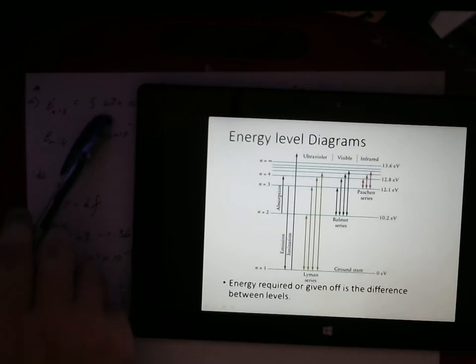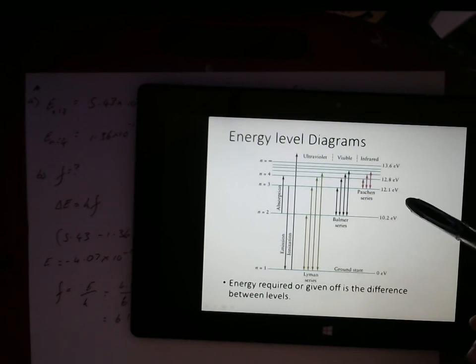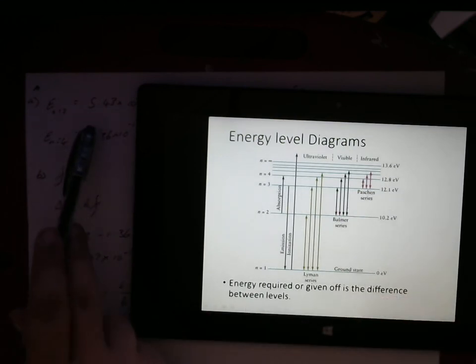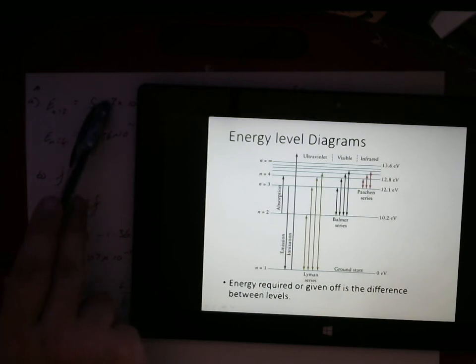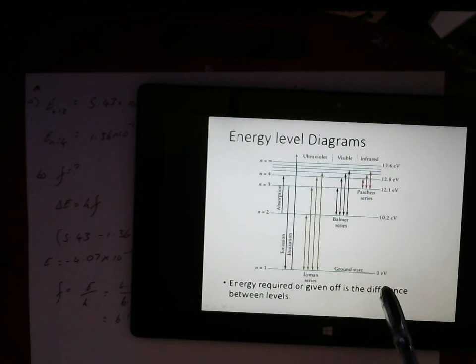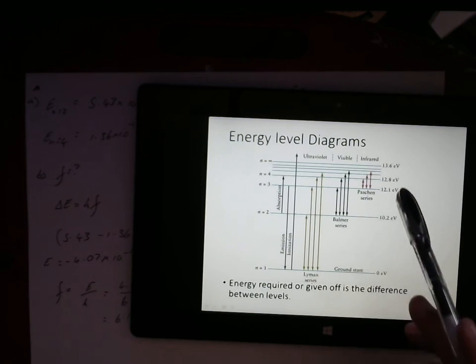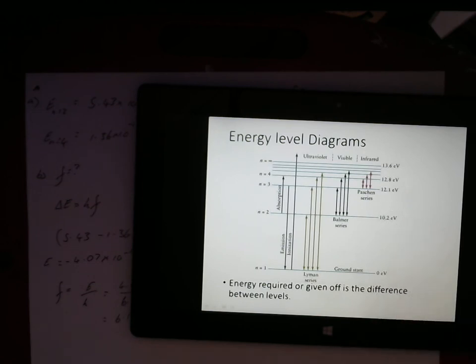Note, 12.8 and 10.2 would not convert to these numbers. Obviously 12.8 is higher than that, but we said 2 was higher than this. This is saying that's the energy from falling into it. This is saying that's the energy taken to get it up to that level. But if you look at the difference between 12.8 and 10.2, it is 2.6.